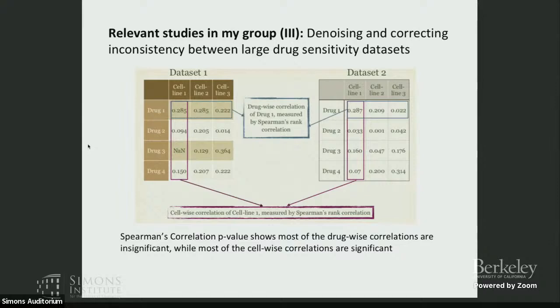But another interesting observation is that, although the drug-wise correlation is low, if we consider the relative relationship of the drug-wise correlations, we found that if the correlation between drug 1 and drug 2 is high in dataset 1 compared to the correlation between drug 1 and drug 3, that kind of relationship will be mostly preserved between the data sets. So if you just make a very simple, first-degree comparison between the data sets, the consistency is bad.